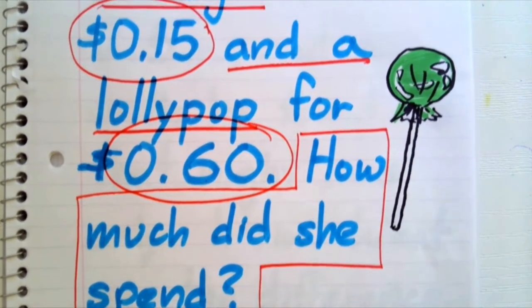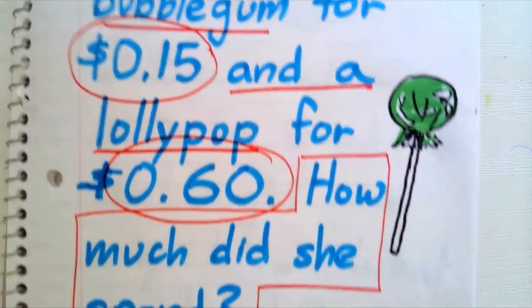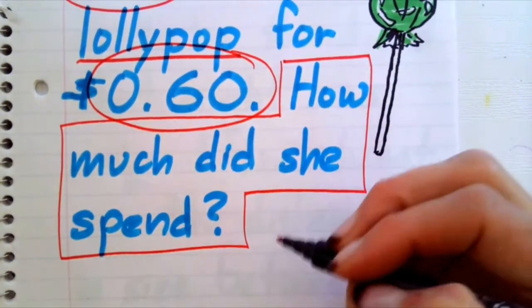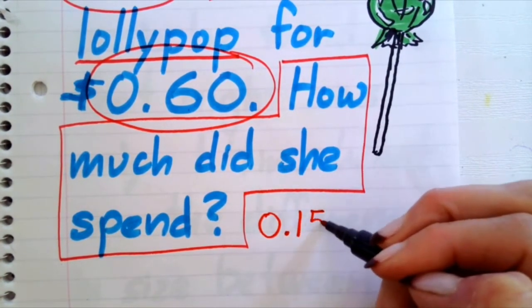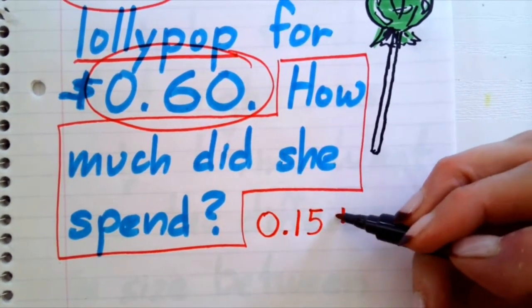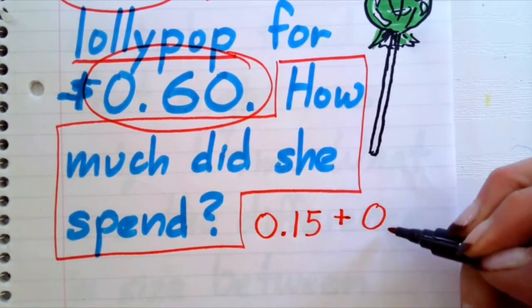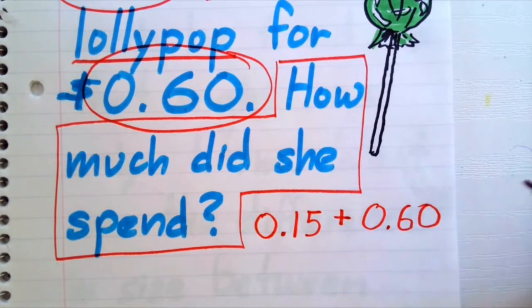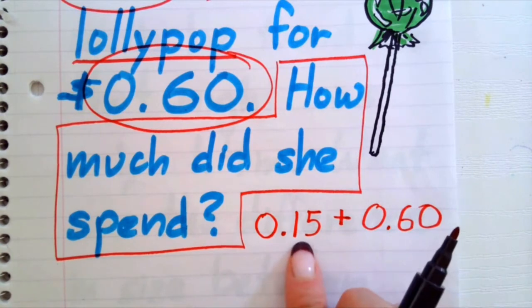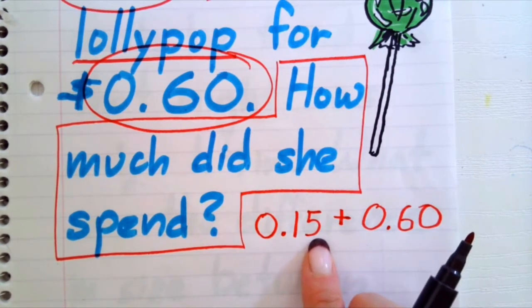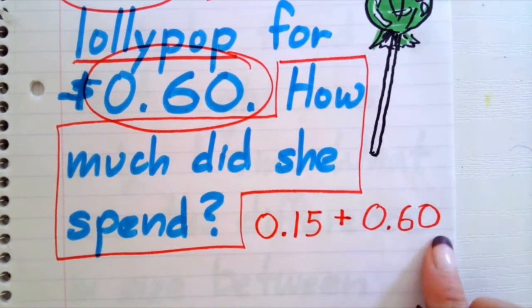What kind of equation can we write to show what is happening with these numbers? Right, we put a plus for adding. 0.15, how do we say that? 0 and 15 hundredths plus 0 and 60 hundredths.